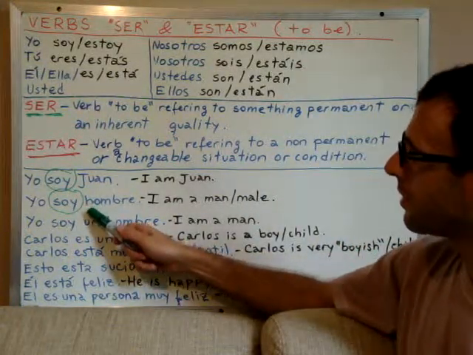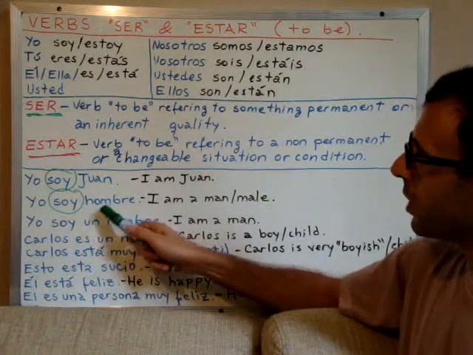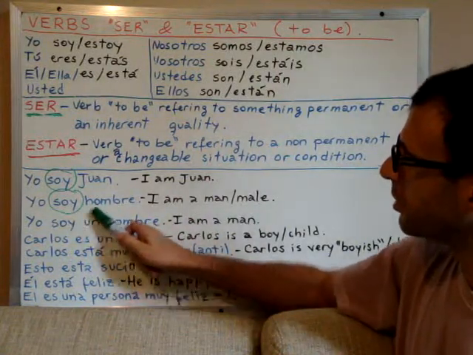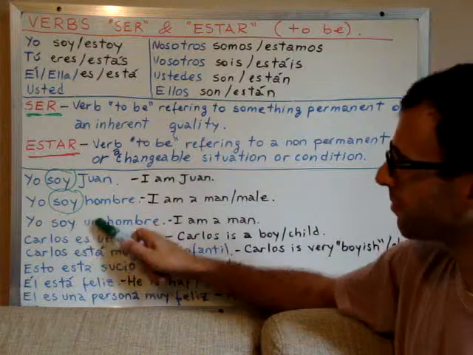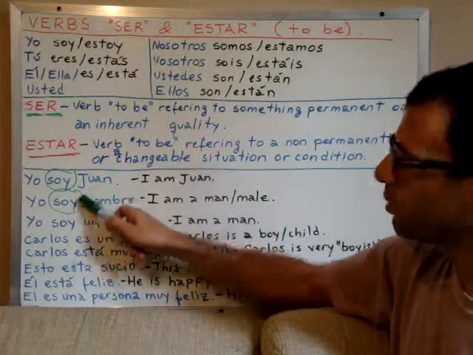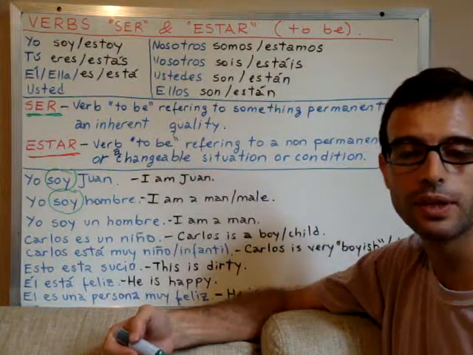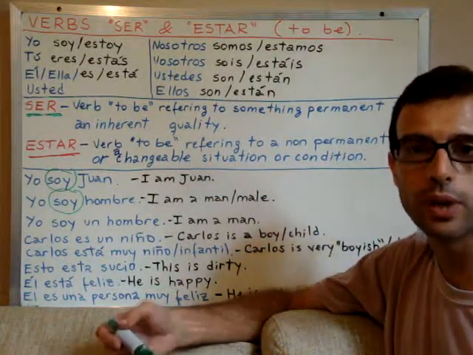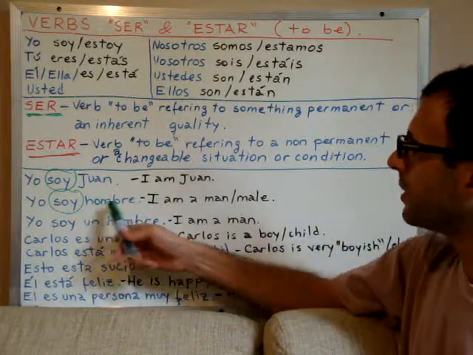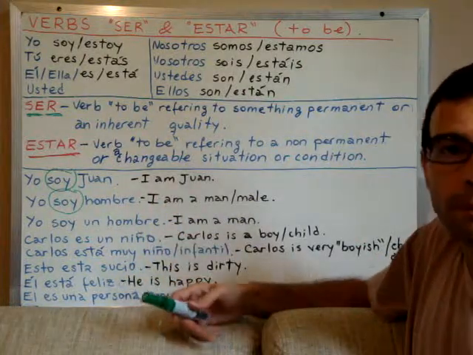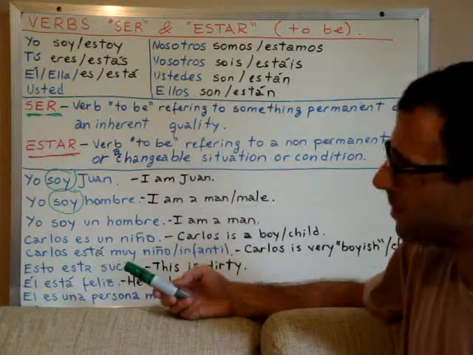Here, as you can see, we do not have an indeterminate article as we have here, because without the article, it means manhood in the sense of manhood, okay? So in a more generic way, this can be translated as I am a man or I am a male, right?